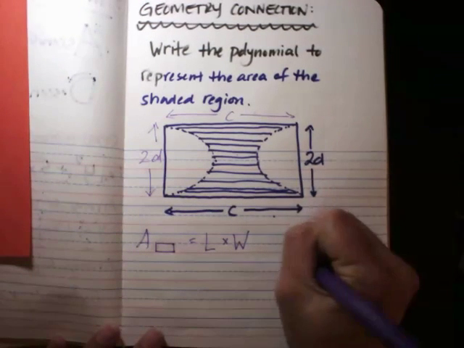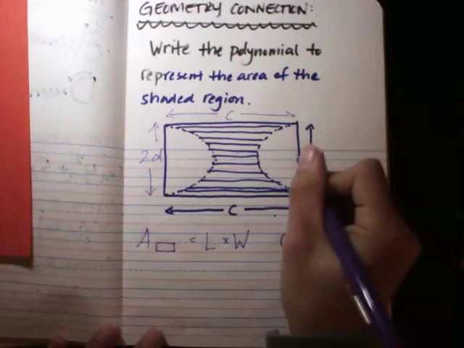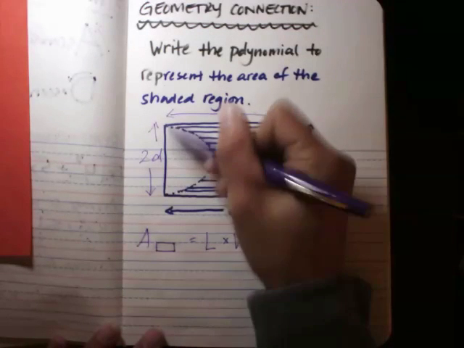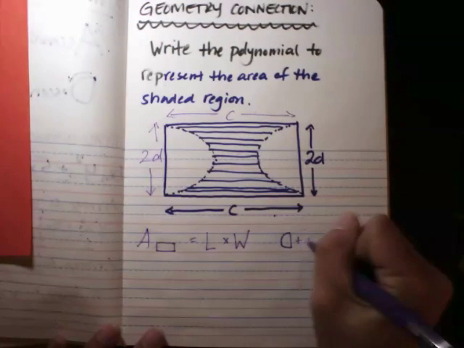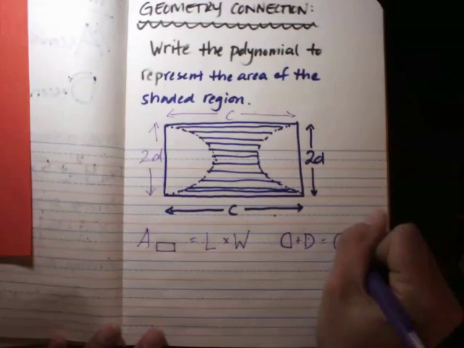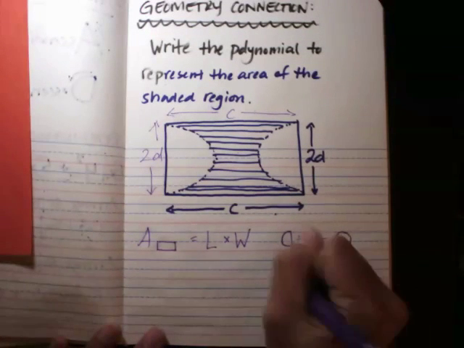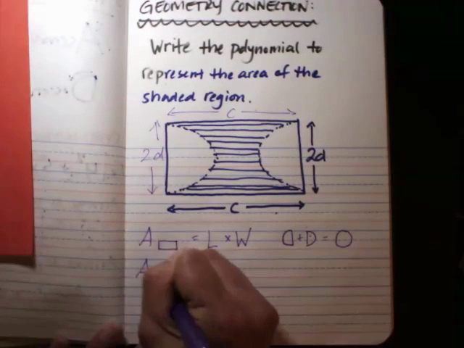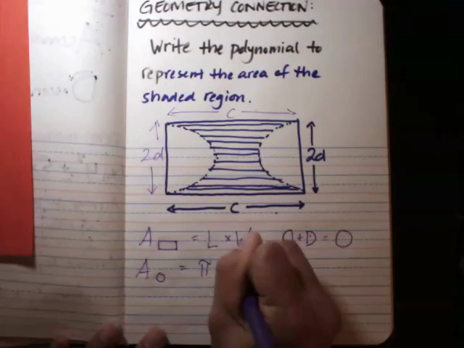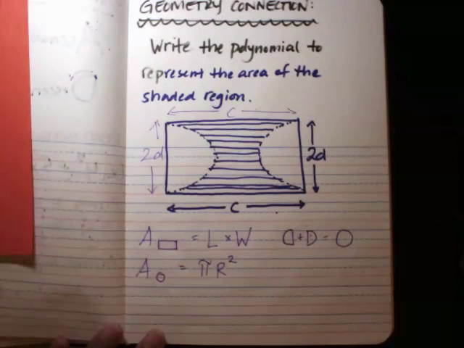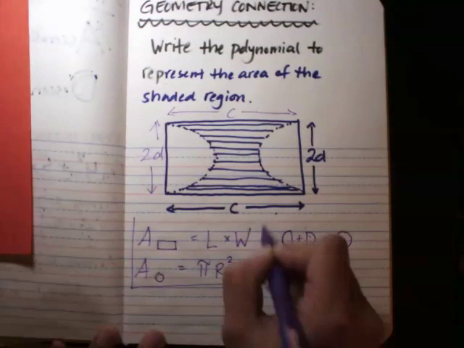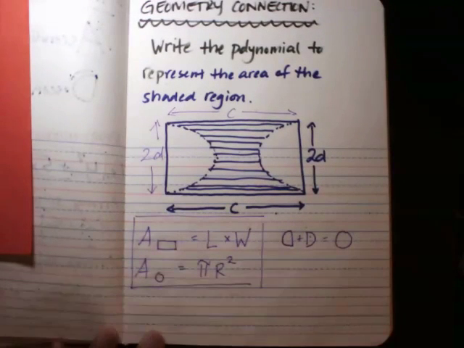Well, if I have one semicircle here and it's the same diameter, I have a semicircle here that's the same diameter. Looks like I could put it together and it makes a circle. And I know that the area of a circle is pi r squared. Okay, so these are the two pieces of information we need to know in order to set up our equation.